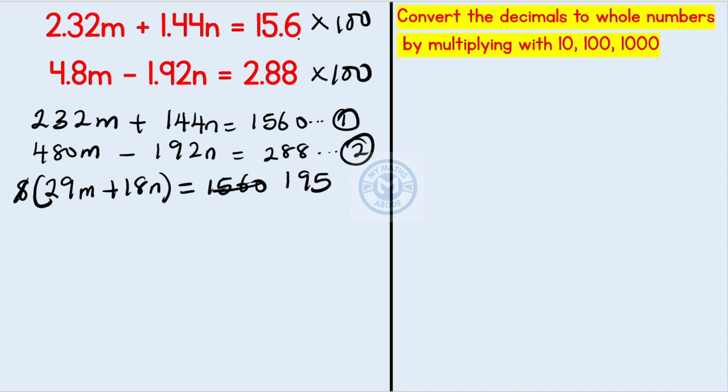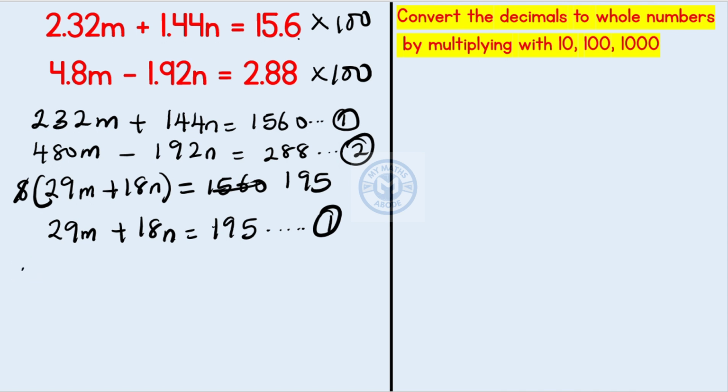So my equation 1 will now be 29m plus 18n is equal to 195. And this is my new equation 1. I'll also do the same for equation 2.